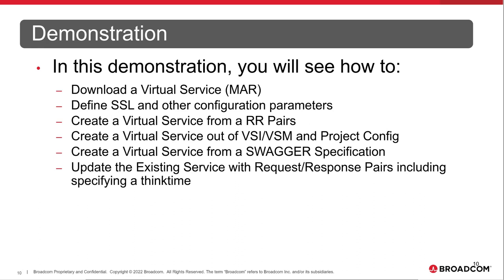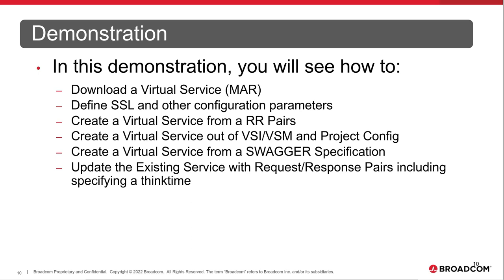That's virtual service image and virtual service model files with the config. This gives you tremendous control over it. Then I'm going to create a virtual service from a Swagger, and then I'm going to update it with request response pairs, including think time.